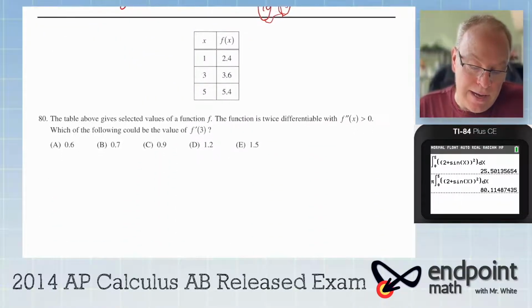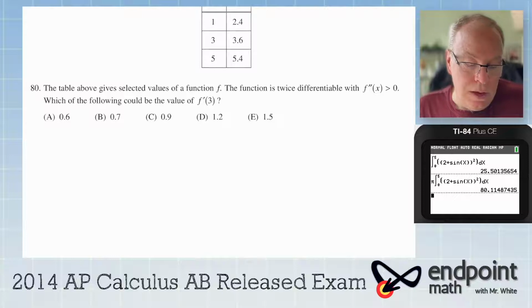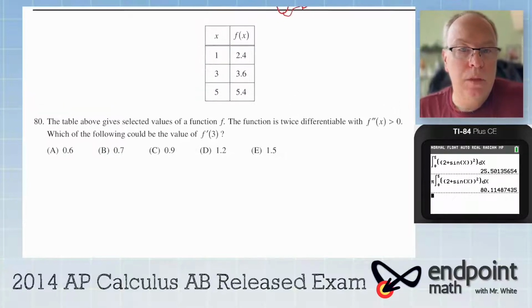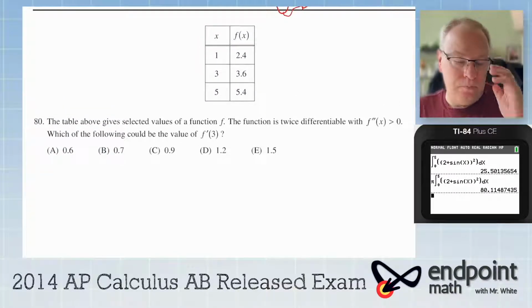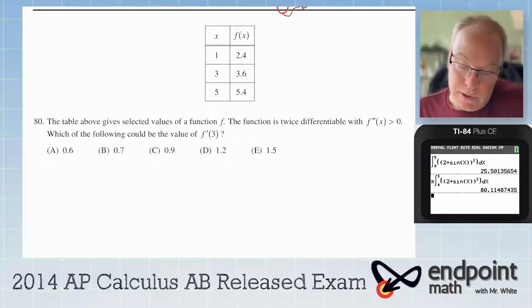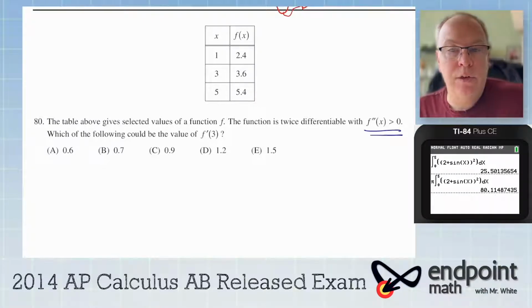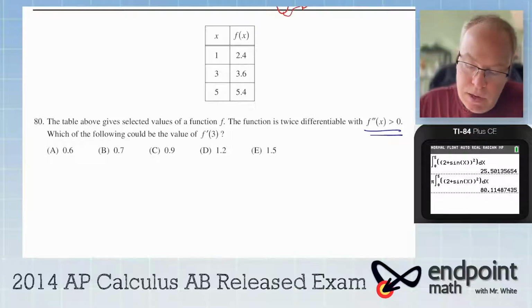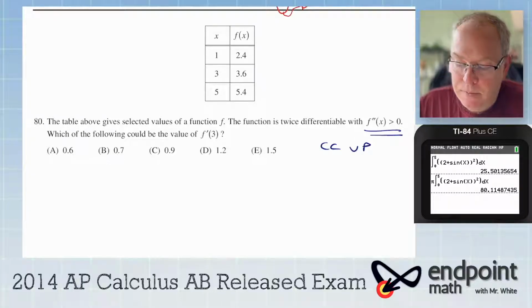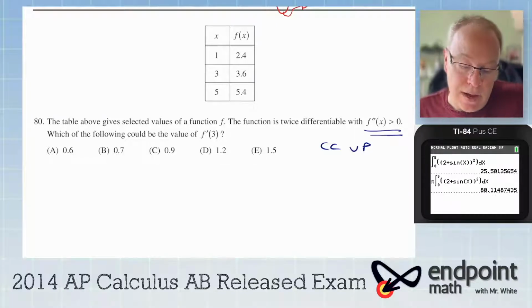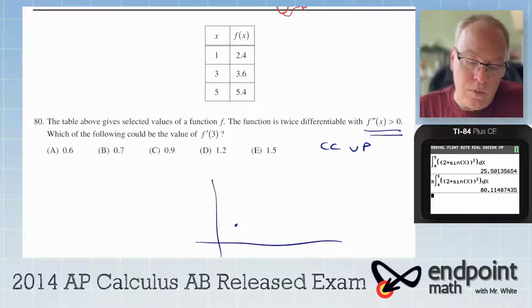All right, number 80. The table above shows selected values from a function. The function is twice differentiable, where the second derivative is positive. Okay, what does that mean? So you should write concave up like a cup, right? Concave up like a cup. So let's just draw a really quick sketch.